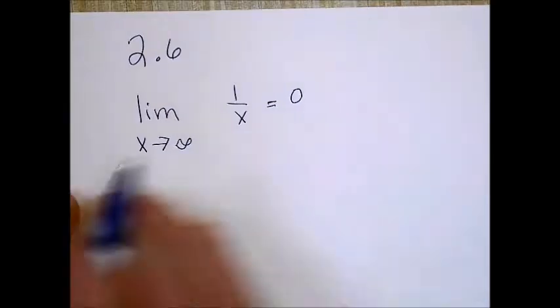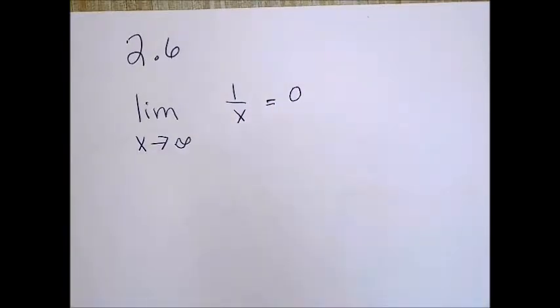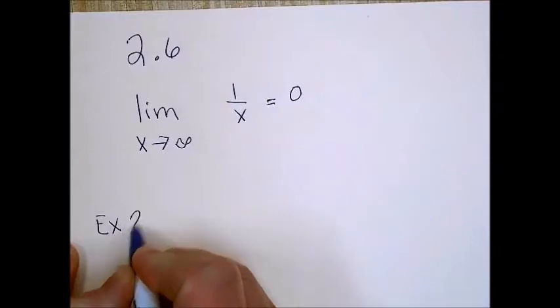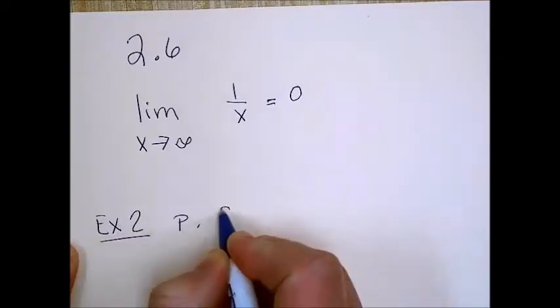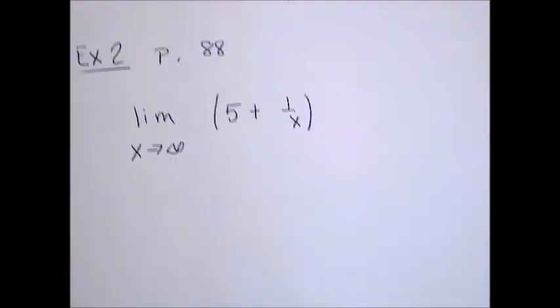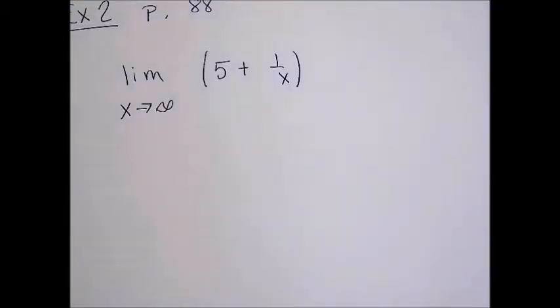You're going to use that to solve some problems. For example, I'm going to look at example 2 on page 88. It says the limit as x approaches infinity of 5 plus 1 over x. The way we're going to handle that is we're going to break that into two limits. The limit of the sum is equal to the sum of the limits.